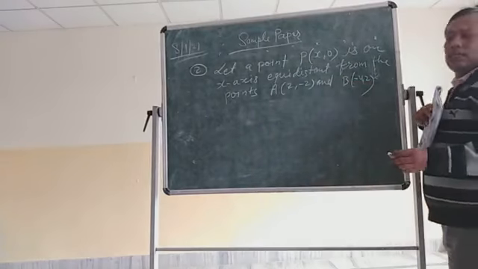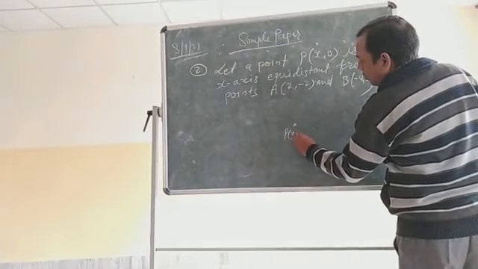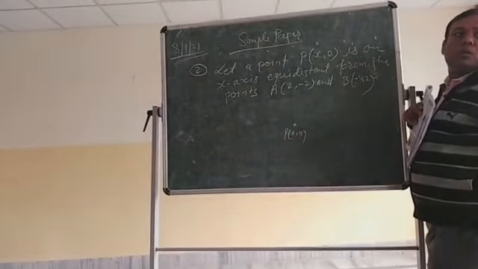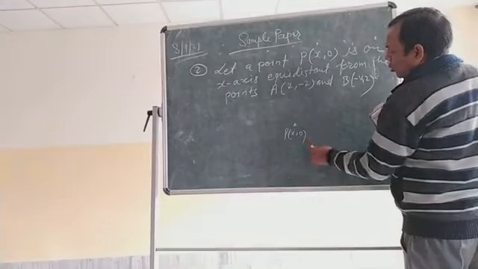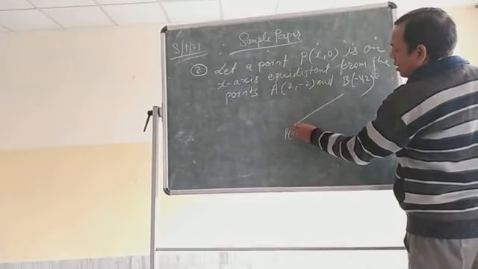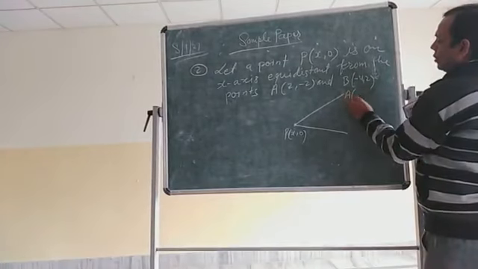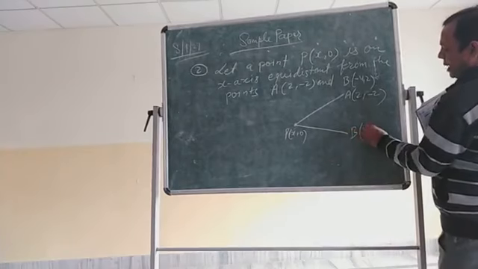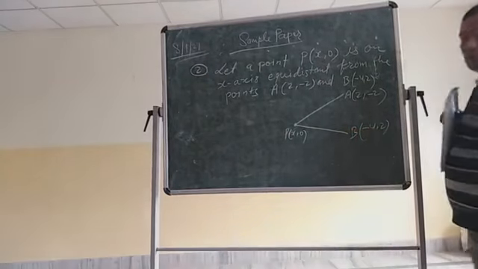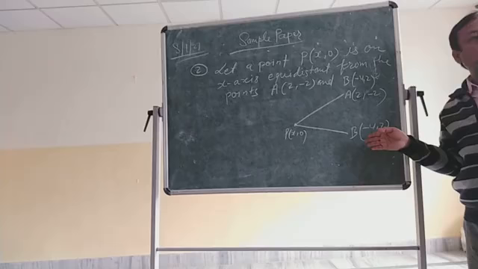From the diagram you can see, suppose the point is P here, P(x, 0), and the two points are A(2, -2) and B(-4, 2). So according to the question, PA will be equal to PB.